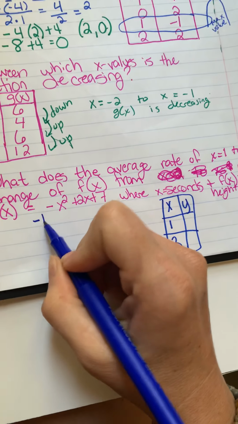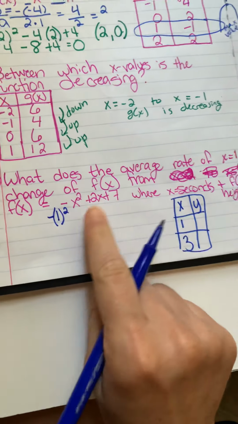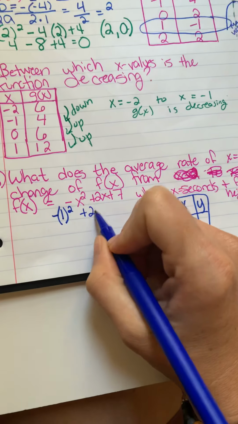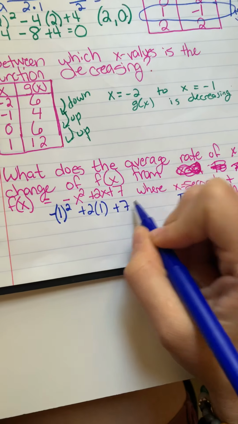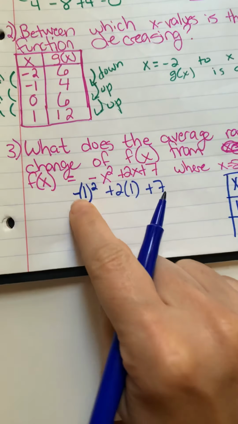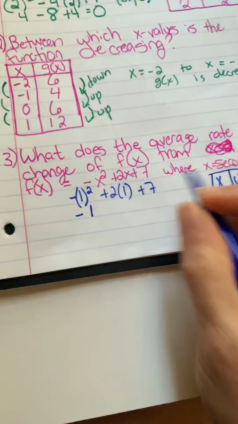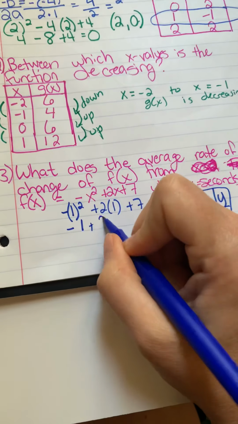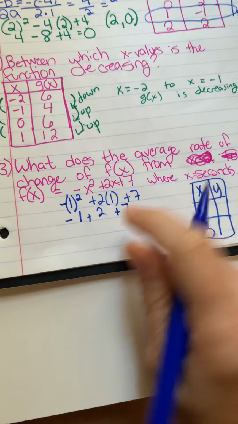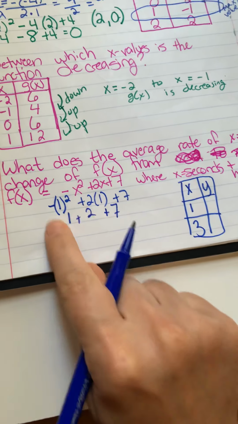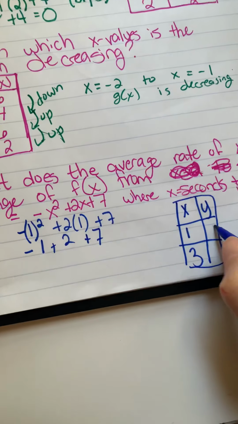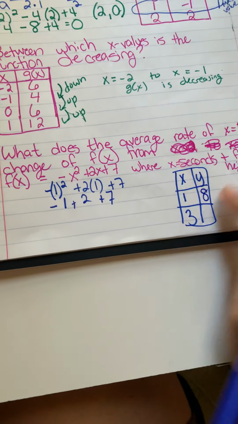So we're going to take negative 1 squared plus 2 times 1 plus 7. 1 squared is 1, but then it's a negative. So this is -1 plus 2 plus 7. So this is a total of 8. So when x is 1, y is 8.